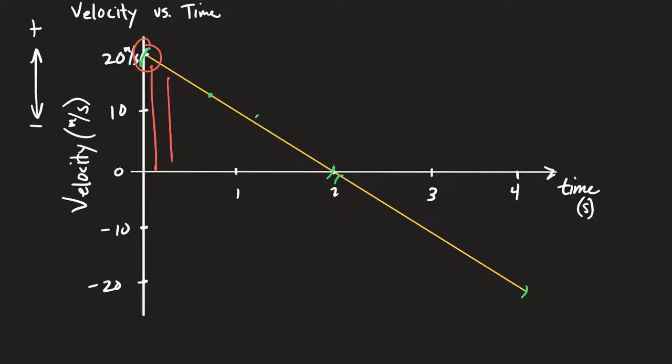Area represents what is bound by the axes and the curve. The yellow line is the curve. It's the graphed data. If you don't know that, we always call it a curve, even if it's a straight line. So the curve is the graphed data. The yellow line is that graphed data.